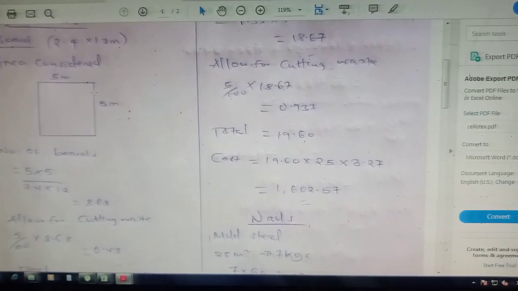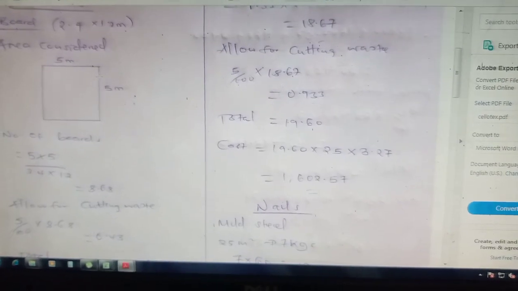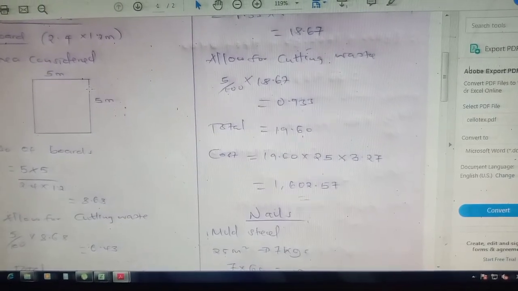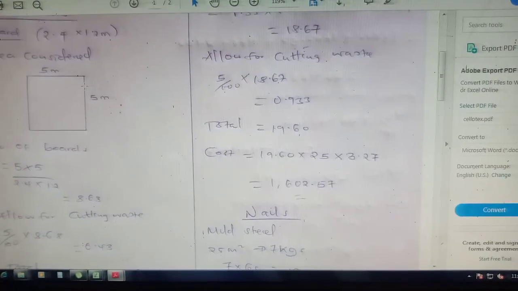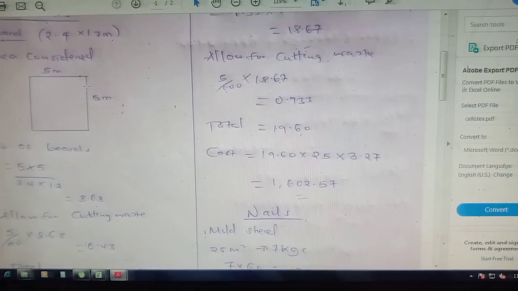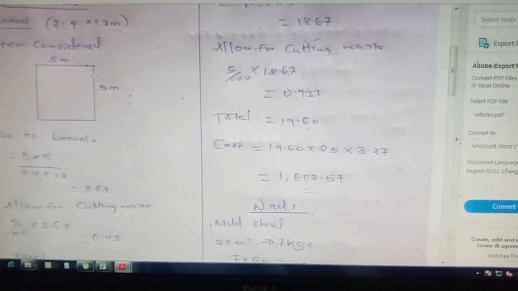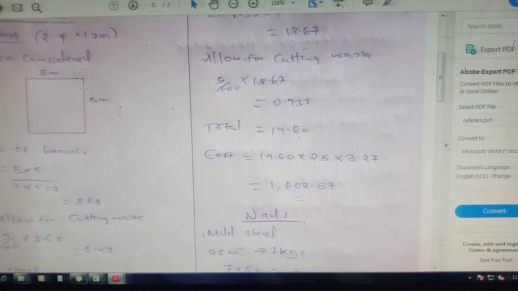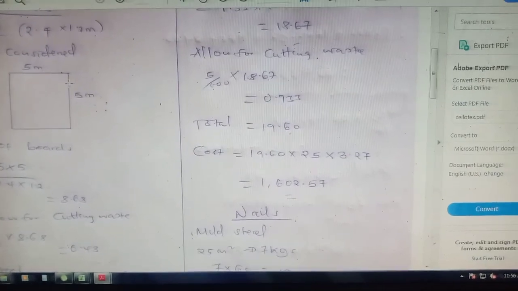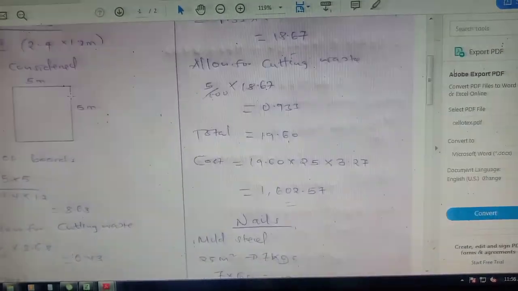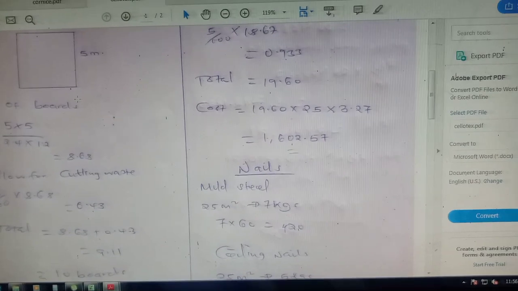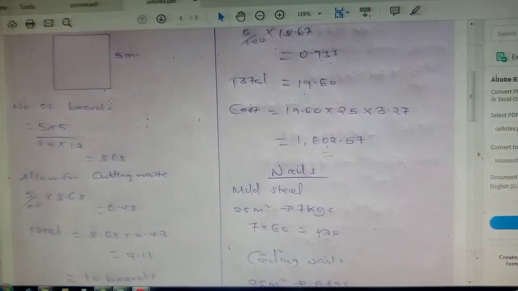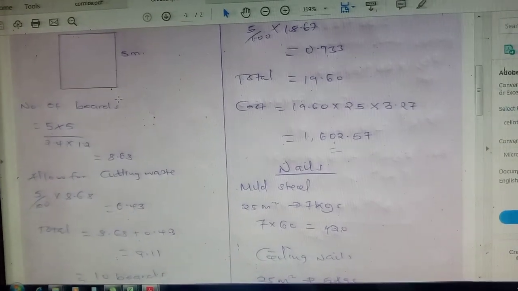When you want to convert per meter to per foot, 1 meter is equal to 3.27 feet. So that is why I've taken 19.6, multiplied by 25, then multiplied by 3.27. I've converted it to feet from meters. So that one will be 1,602.57.